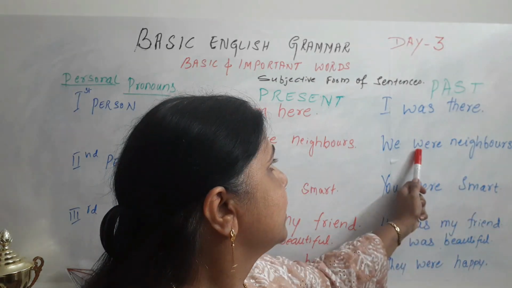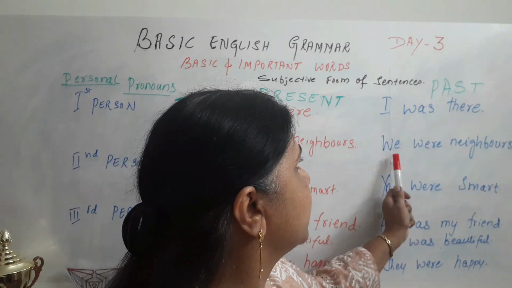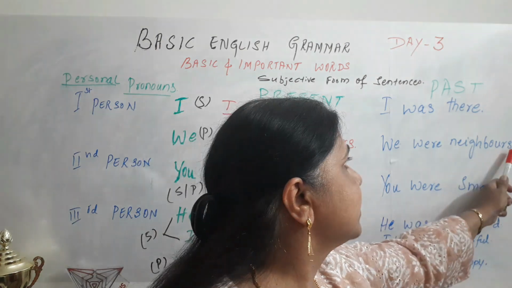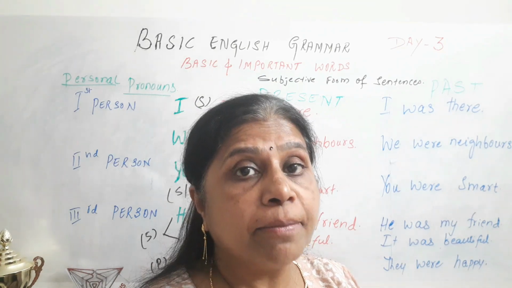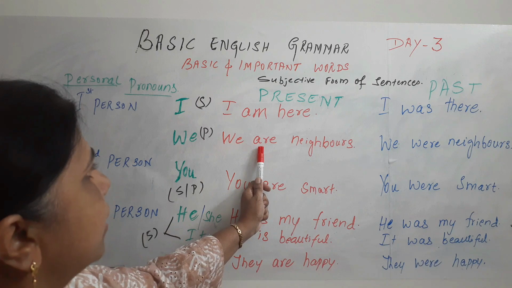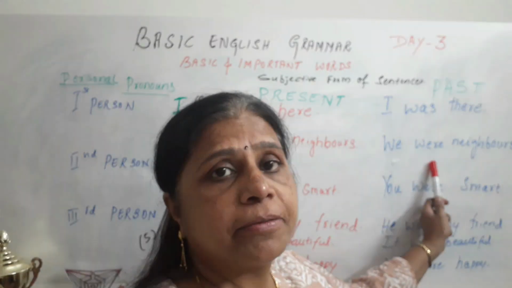You can see this is were in the past tense along with we. For plural, we use were, and you can see here it is neighbors, means many people, that is plural, more than one. Here we are in present tense, and in past tense we say we were.